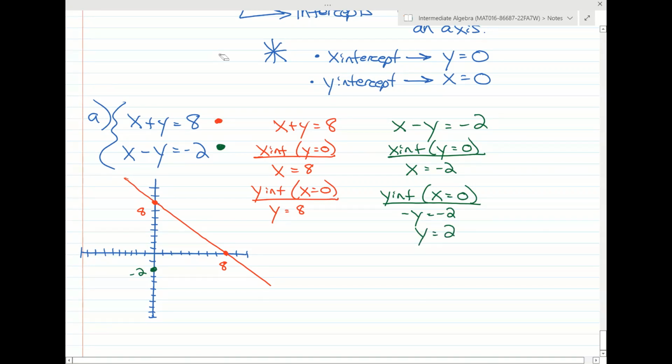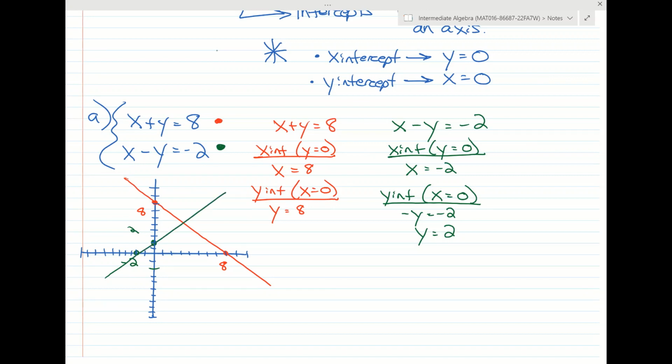So I put this in the wrong spot here. X would be -2 is right here. Y would be 2 is right here. We should always label our intercepts and then connect the intercepts.